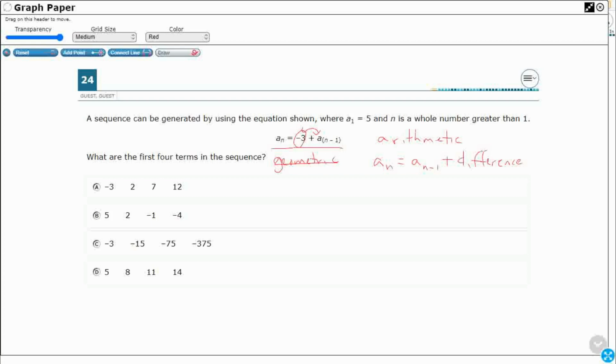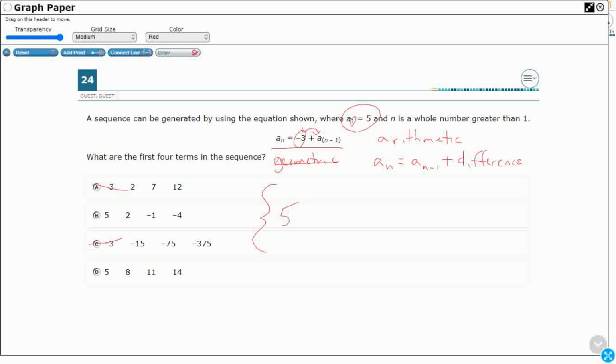Now, when we get these things, we always have a few stipulations. Number one, we always need to know what that first term is. The first term doesn't always necessarily follow the rule of a_n equals a_(n-1). So our first term is going to be 5. If I were to write this as a sequence, a_1, that first term, equals 5, which means I'm already getting rid of A and C because the first term isn't 5.